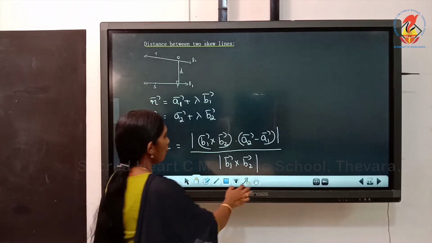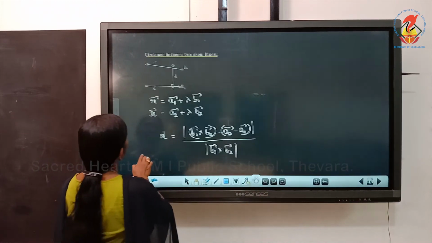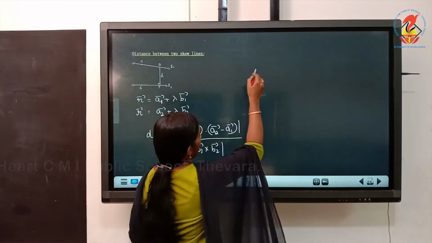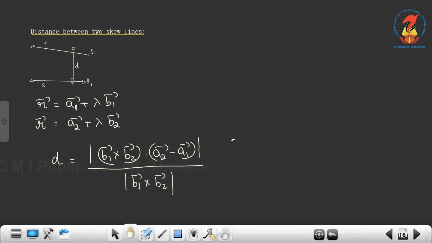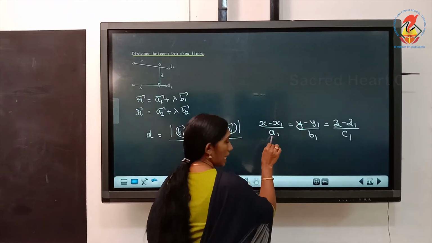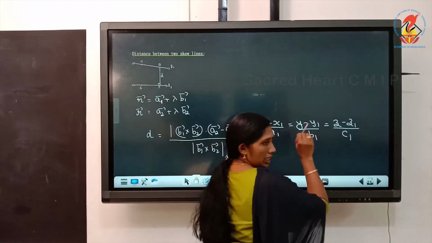Now the Cartesian form. We have to write the Cartesian equation of the given lines. The first line: (x minus x1) by a1 equals (y minus y1) by b1 equals (z minus z1) by c1. So the line passes through the point with coordinates x1, y1, z1 and is parallel to the vector whose direction ratios are a1, b1, c1.